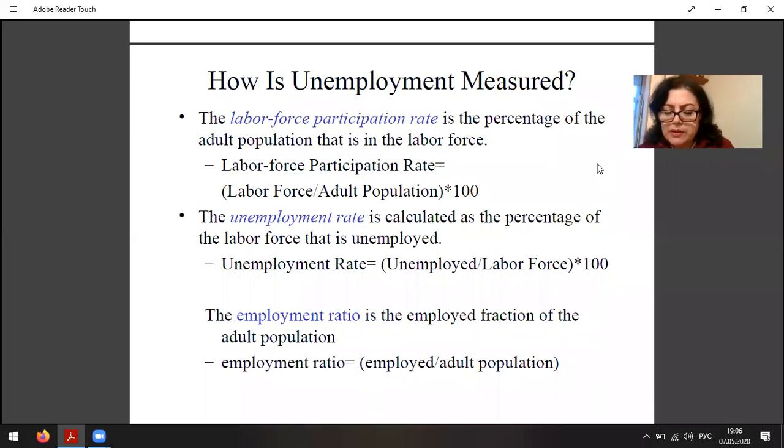Adult population doesn't mean the total population of the country. In some definitions, in some approaches to labor force participation rates, economists prefer to identify the adult population as the total population of the country minus the institutionalized population and the military.